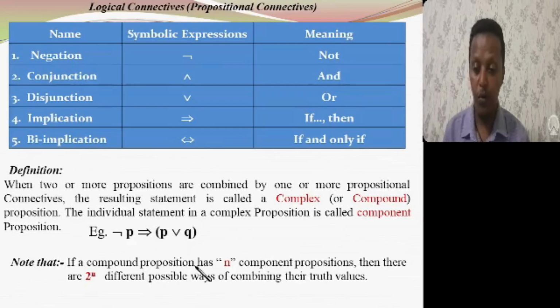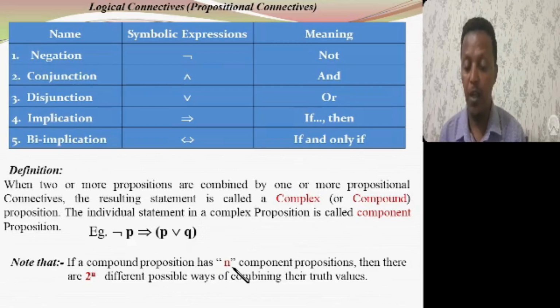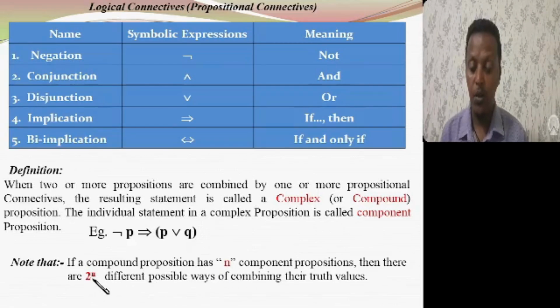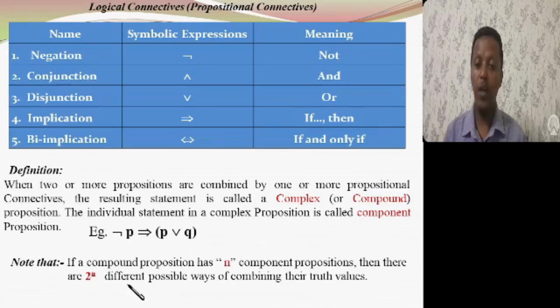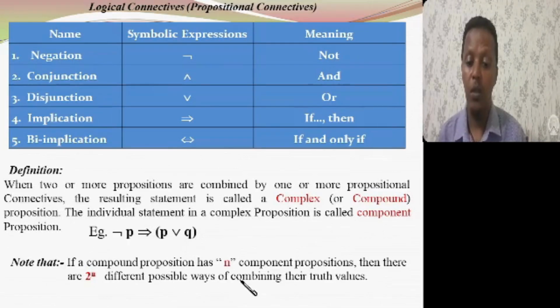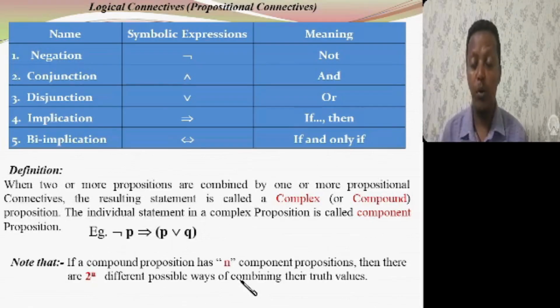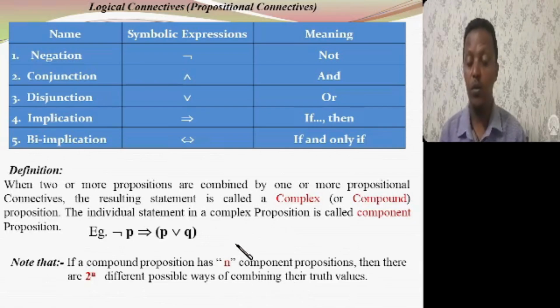Remember always, for a compound proposition having n component propositions, we expect 2 to the power of n different possible logical possibilities in their truth values.